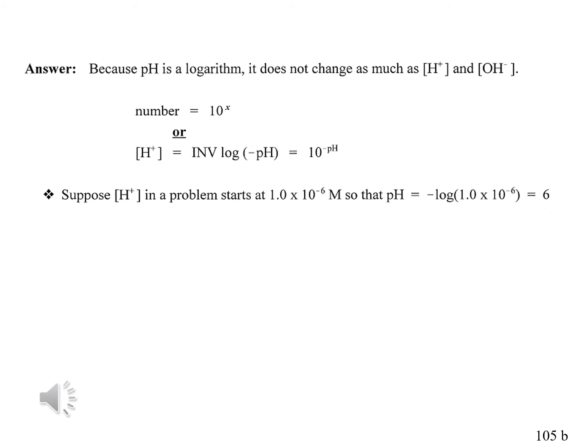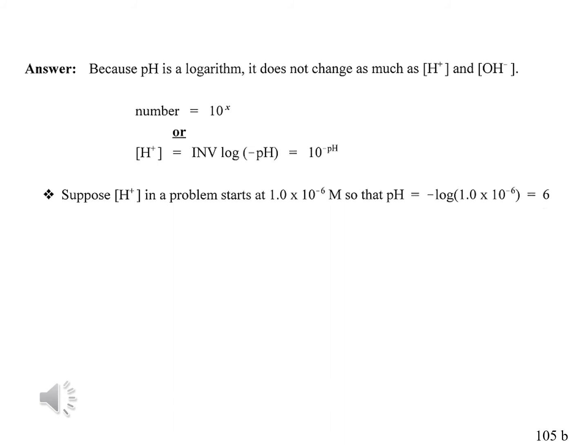So actually the concentrations of H plus or OH are acting like the anti-log, but the pH and the pOH actually act like the exponent. So you have to look at how the exponent changes when you're doing pH, not how the H plus and OH concentrations do.